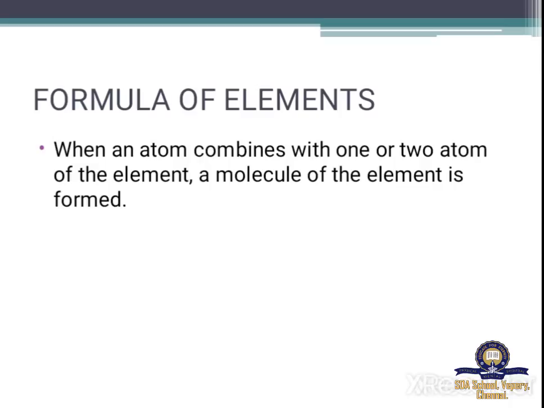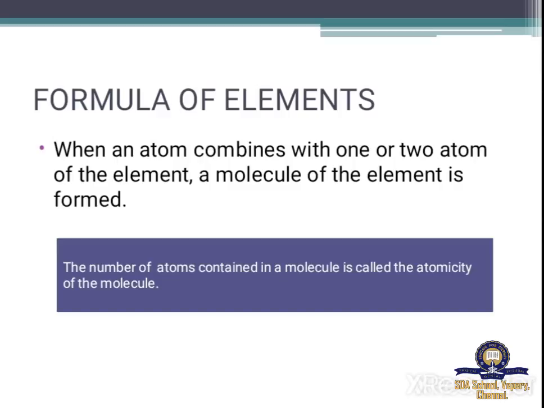Now, in these two lines, we can understand how a molecule of the element is formed. It is the combination of one or two atoms of the same element. Okay, it results in the formation of a molecule of the element.